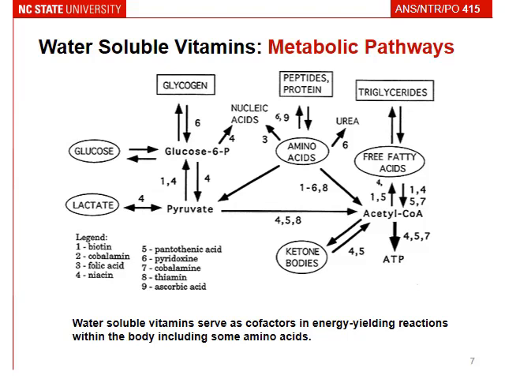This figure is showing you the summary of all the metabolic pathways that our various water-soluble vitamins are involved in, and you by no means have to memorize this. It just goes to show you why, when we start talking about all the various B vitamins, one of the common deficiency signs is that you're very lethargic and tired.